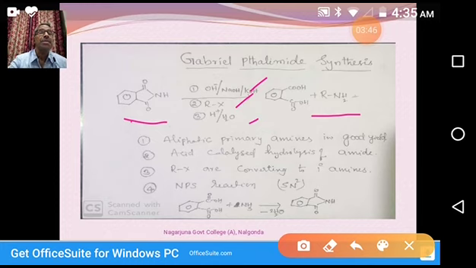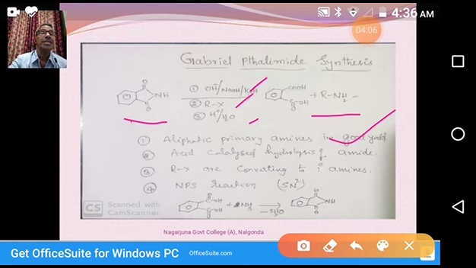What are the specific things about this synthesis? With this method, we can prepare aliphatic amines only, the primary amines.